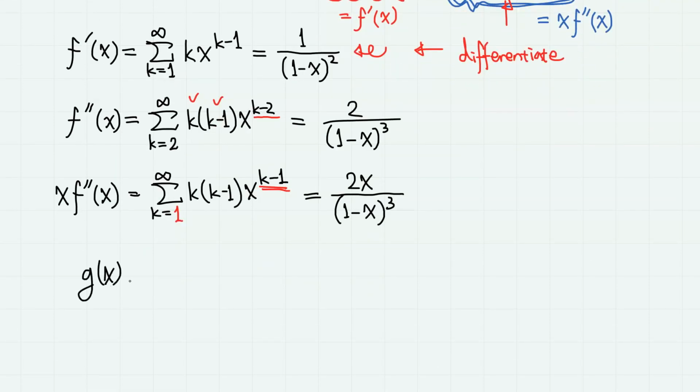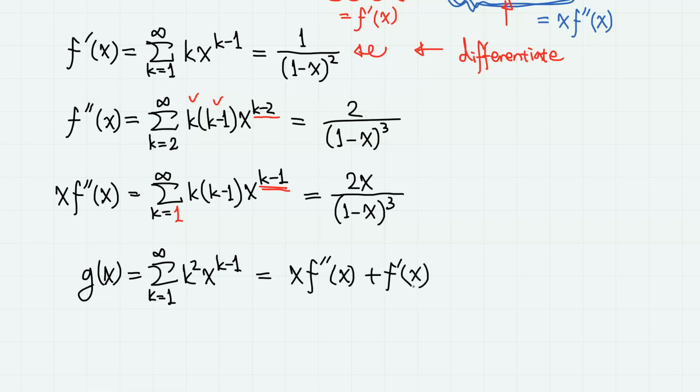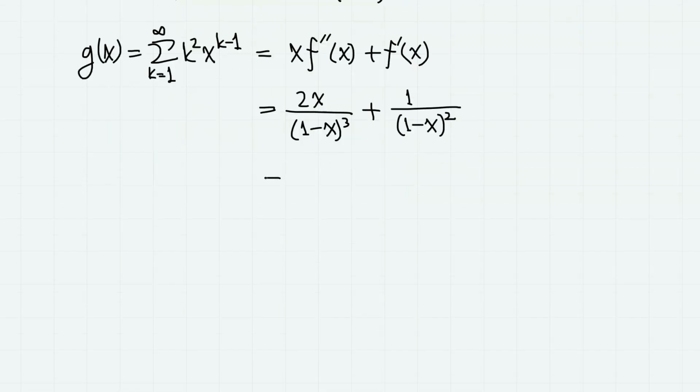So our g(x), which is the sum of k squared x to the power of k minus 1, can be expressed as x f double prime x plus f prime x. And using this and this, we have 2x over (1 minus x)^3 plus 1 over (1 minus x)^2, which gives (1 plus x) over (1 minus x)^3.